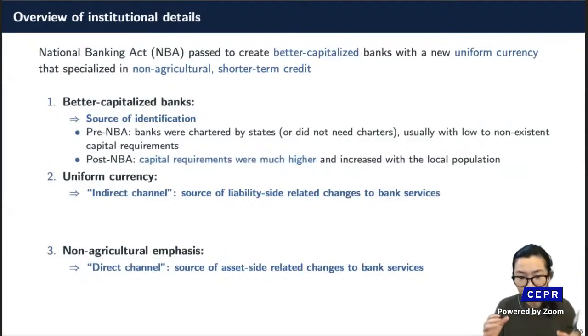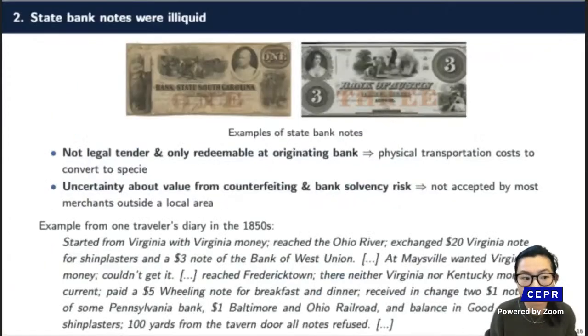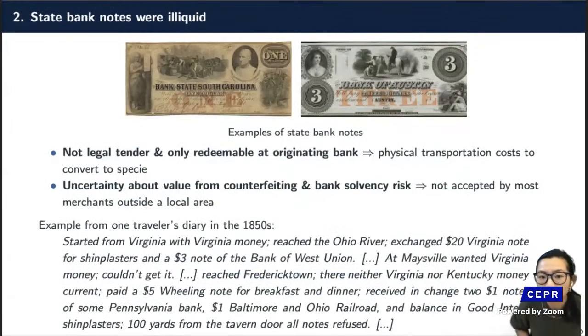The next bullet point I'm going to discuss is this introduction of a uniform currency. Prior to the National Banking Act, the money supply in the United States was comprised of what were known as state bank notes.